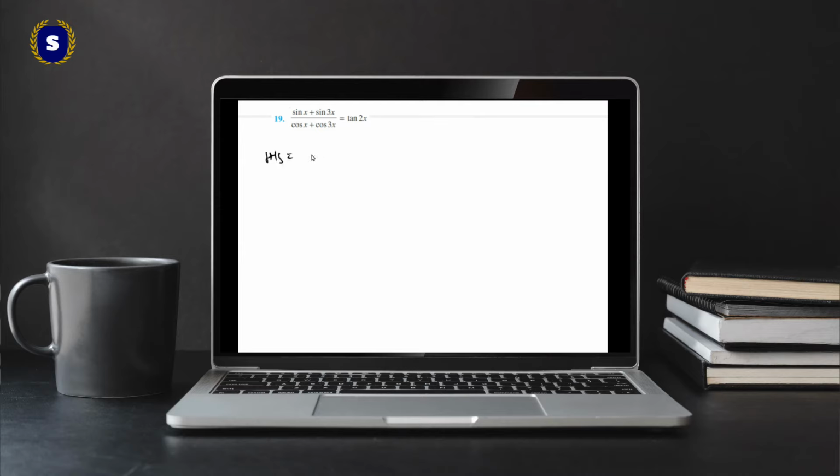LHS is equal to sin x plus sin 3x upon cos x plus cos 3x. So using the identities, 2 sin (a plus b, that is 4x divided by 2) into cos (a minus b, that is minus 2x divided by 2) upon 2 cos (a plus b, that is 4x divided by 2) into cos (a minus b) divided by 2.